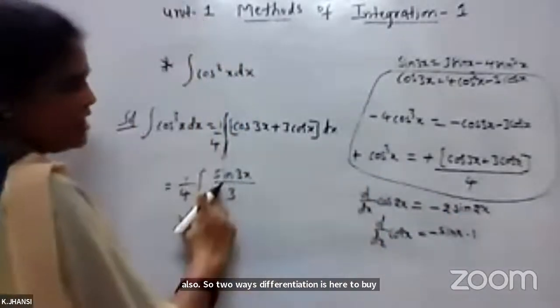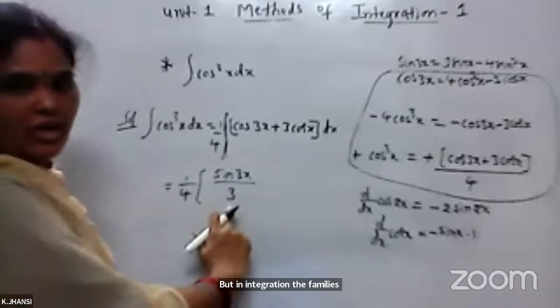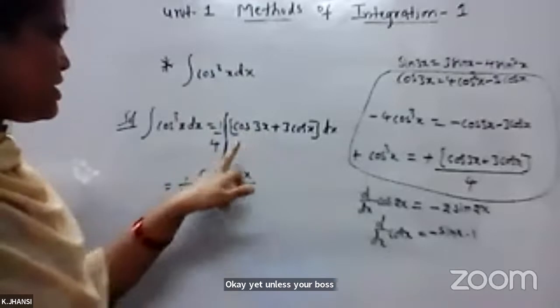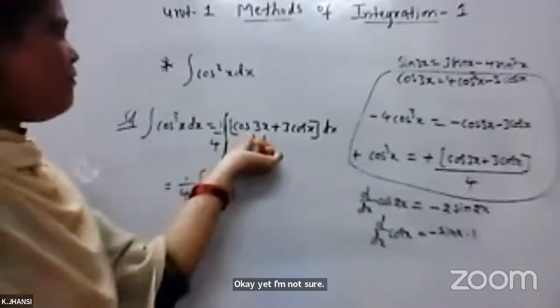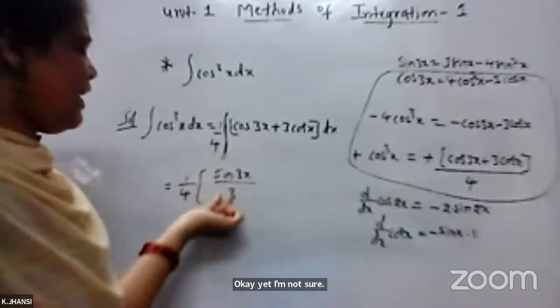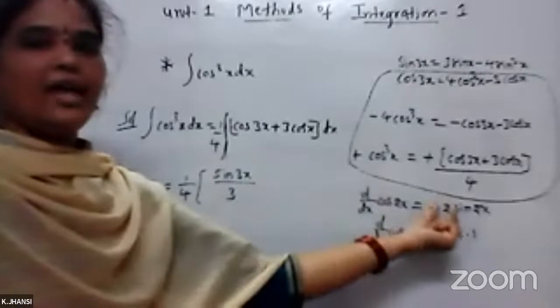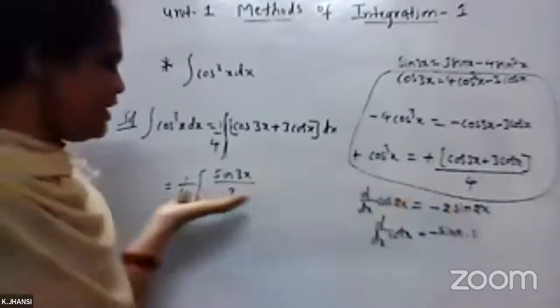But in integration, the formula is, we write it in the denominator. Understood here? Cos 3x, its integration is sin 3x. Whatever the coefficient is, we write it in the denominator in integration. In differentiation we write it in the multiplication part, here in the division part.